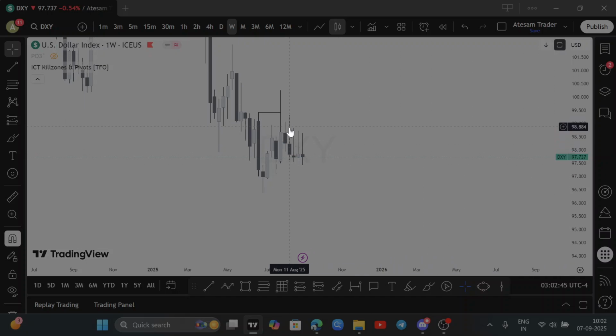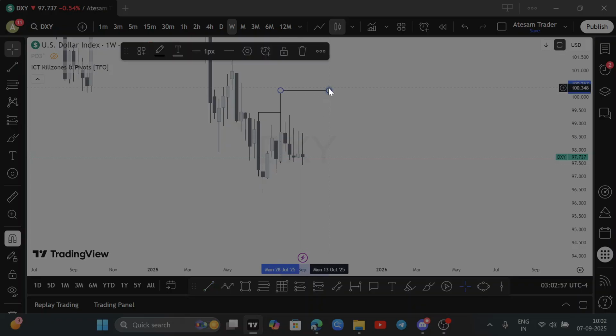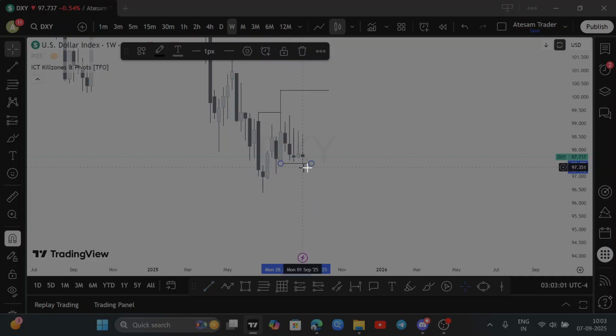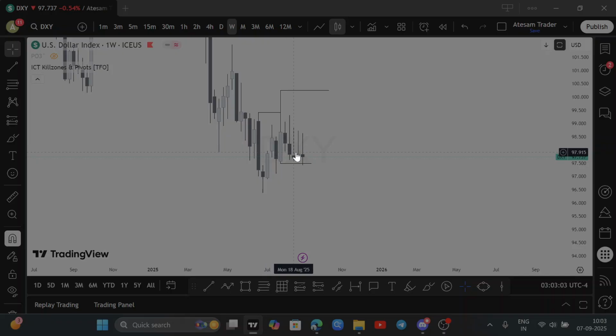These are all low resistance, choppy price action, not an aggressive move up and an aggressive move down, which would be a reversal signature. These are choppy price action, like consolidation. And within this candle we have one, two, three, four, five candles, a whole month of price action within this candle. That is a sign of consolidation.